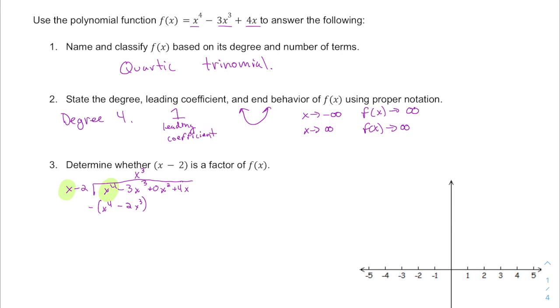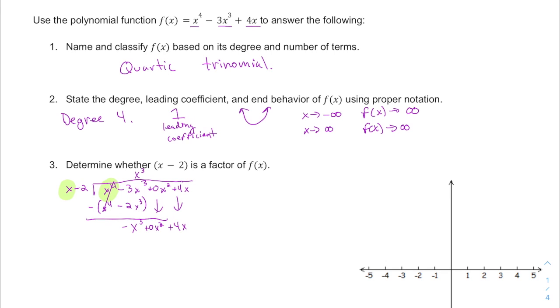We make sure that we are subtracting each of these terms. X to the fourth minus x to the fourth is 0. Negative x cubed minus negative 2x cubed, well, that is like plus 2x cubed, so we end up with negative x cubed. We can bring down our remaining parts of our polynomial. So we have 0x squared and 4x.